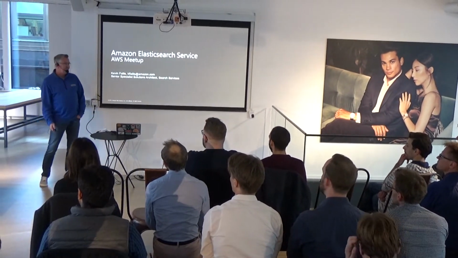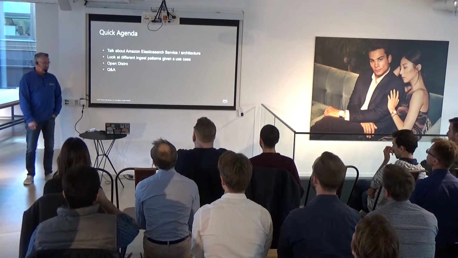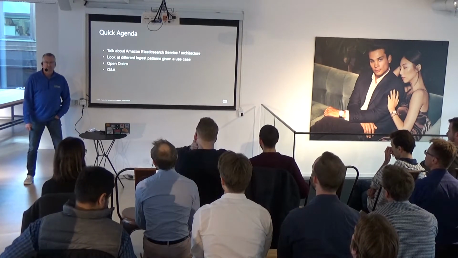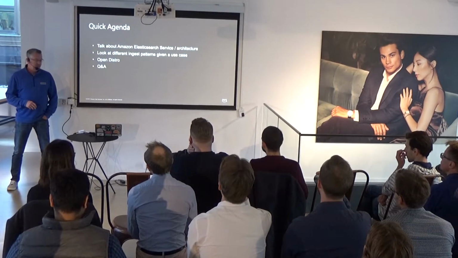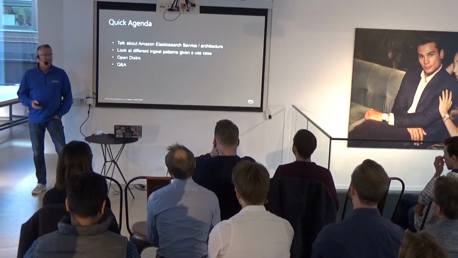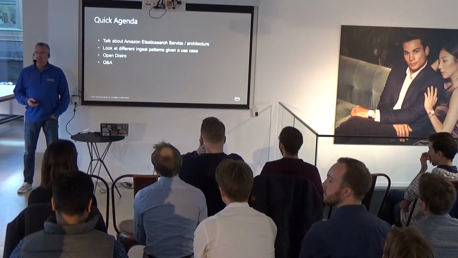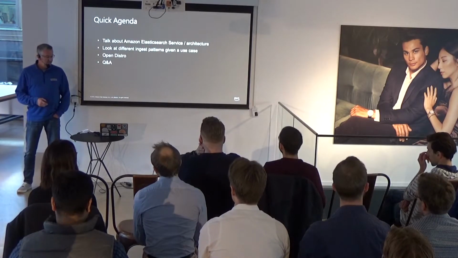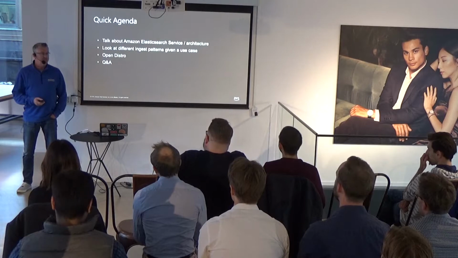All right. So let's kick it off. Quick agenda. So today we're going to talk about the Amazon Elasticsearch service and specifically the components that comprise this. And then later on we're going to look at different ingest patterns and other patterns that many customers leverage to effectively communicate with the service. Additionally, we're going to look at a new project. Many of you might have heard about Open Distro.